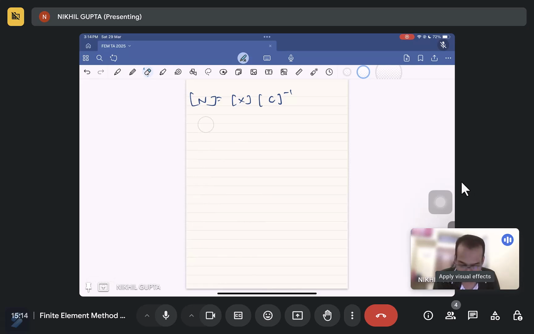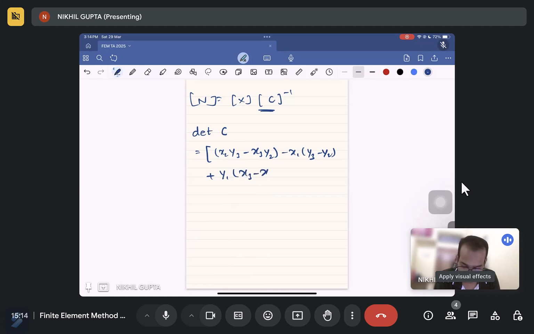When you find the determinant, which is required to find the inverse, you will get determinant of C as x2 y3 minus x3 y2 minus x1 y3 minus y2 plus y1, x3 minus x2.